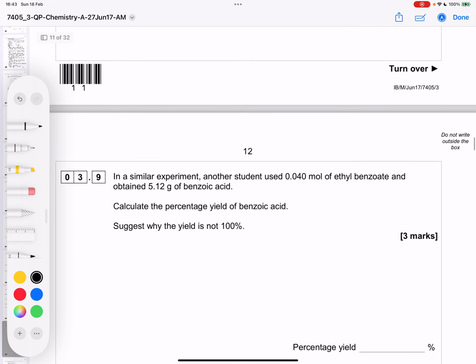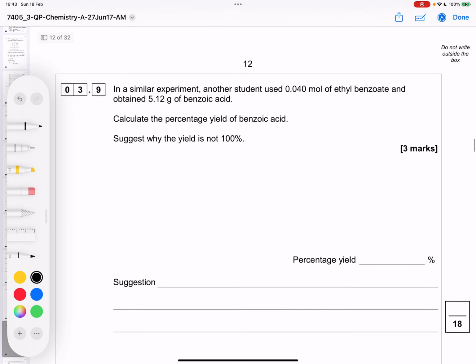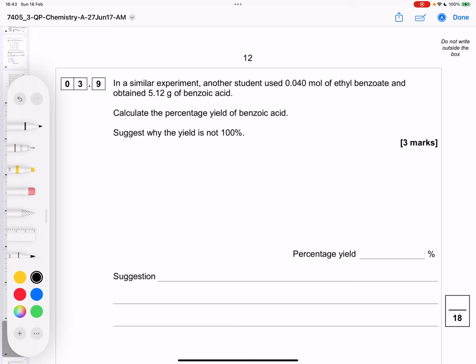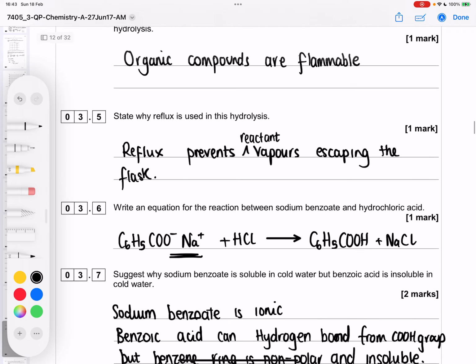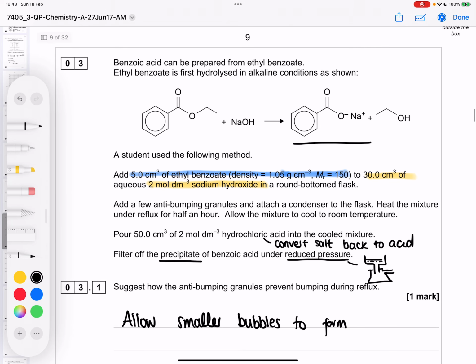And the last little bit of the question here says, in a similar experiment, a student started with 0.04 moles and made 5.12 grams of the acid. So we need to go back, we need to check whether they gave us the MR, and if not, we're going to need to add it up. So if we go right back to the beginning of the question, we weren't given the MR of benzoic acid.